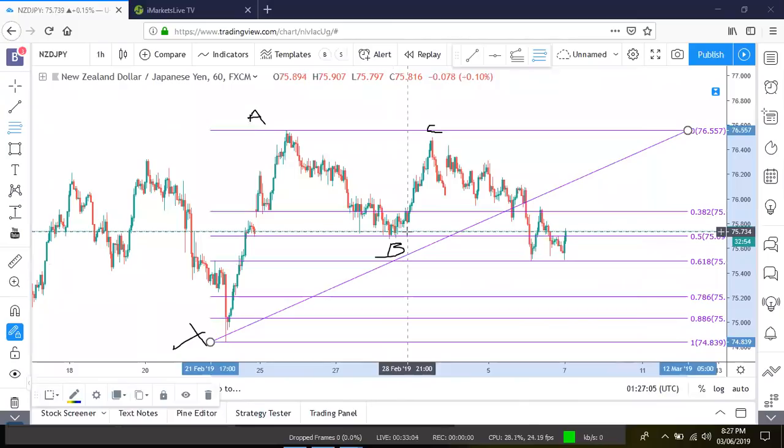If it hit anything else, then it's not a bat pattern. That's how simple it is. Price at that 50% retracement right here. 50%, 0.5, that's 50%. Okay.